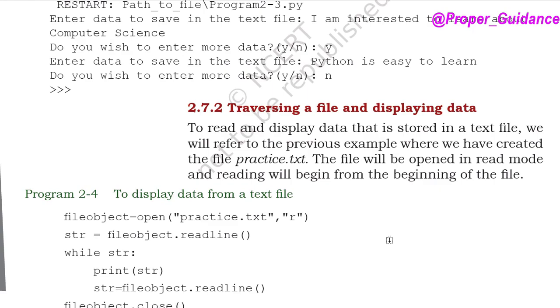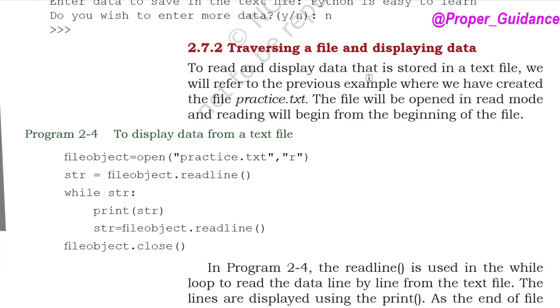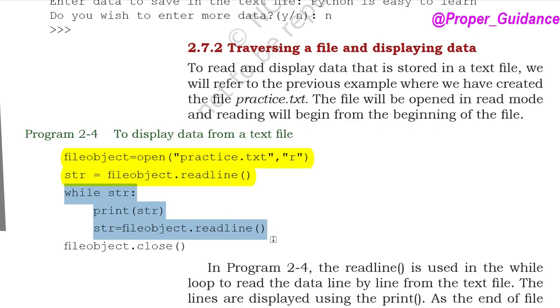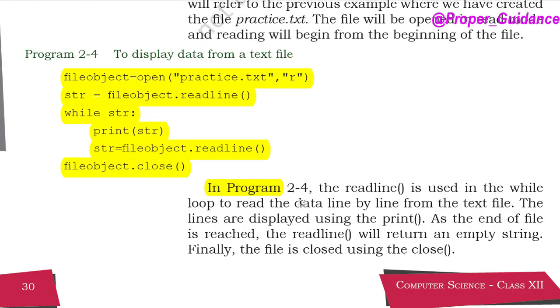Traversing a file and displaying data. To read and display data that is stored in a text file, we will refer to the previous example where we have created the file practice.txt. The file will be opened in read mode and reading will begin from the beginning of the file. To display data from a text file: file object equals open practice.txt, r; str equals file object dot readline; while str: print str; str equals file object dot readline; file object dot close.